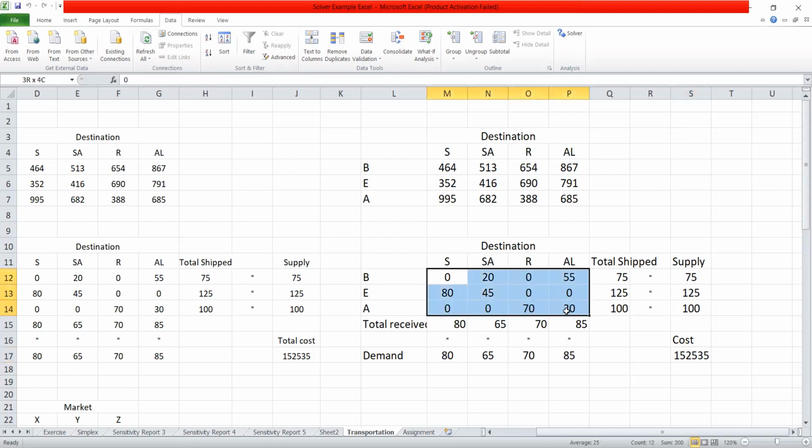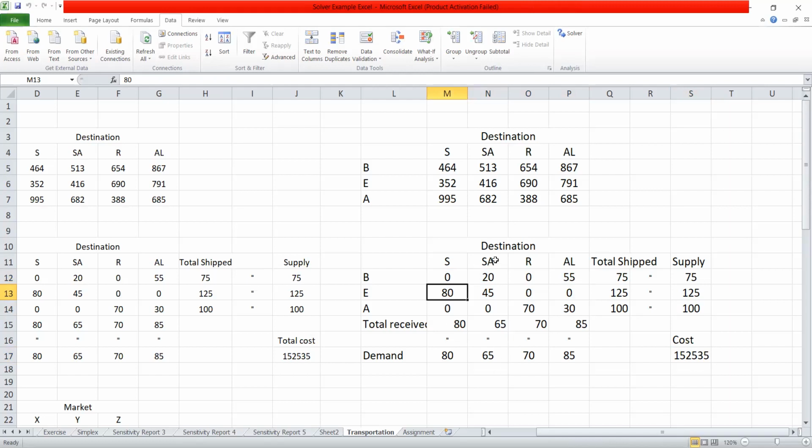Our decision variable cells are filled. To fulfill the market demand of 80 from market S, you have to use the source E supply.